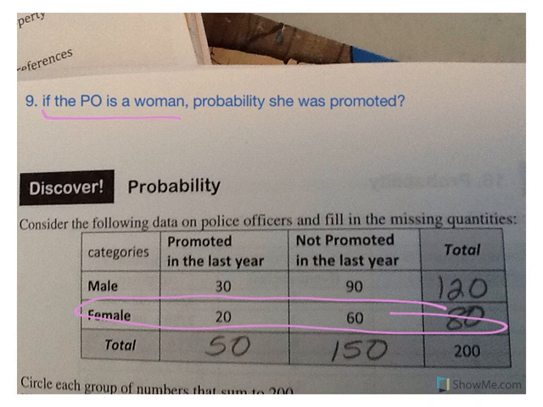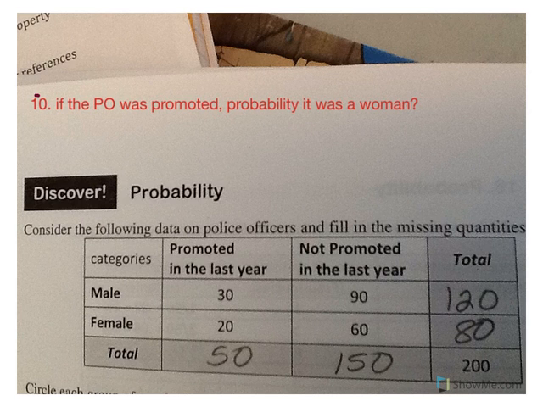We only care about the women. So now our total is 80 because that's the total of the women that we have. What would be the probability she was promoted? Well, how many women were promoted? 20. So 20 over 80 is 0.25. If it says the police officer is a woman, you're only worried about the women.